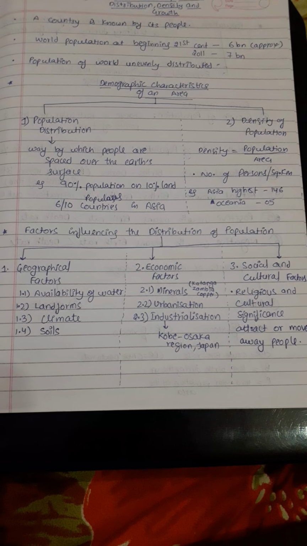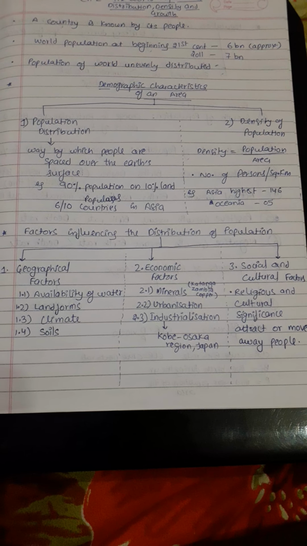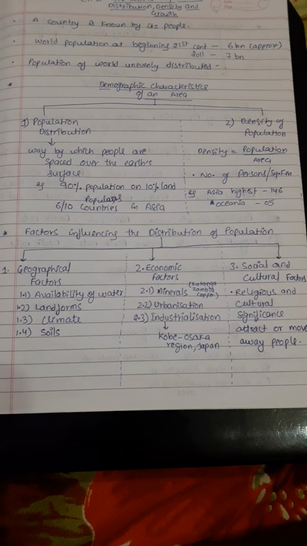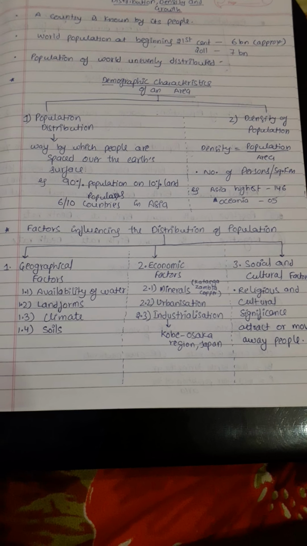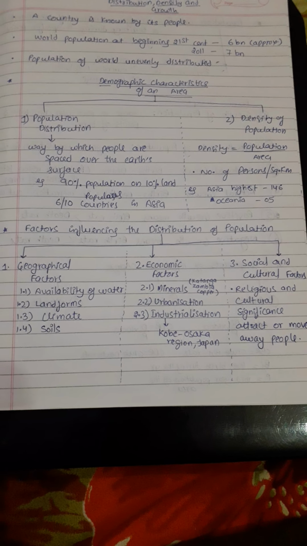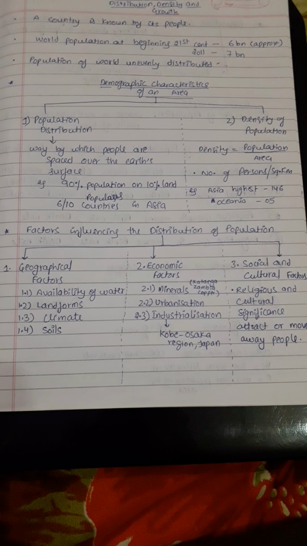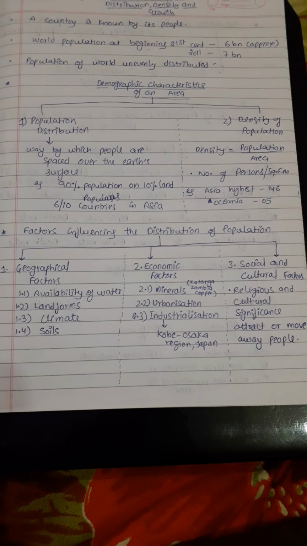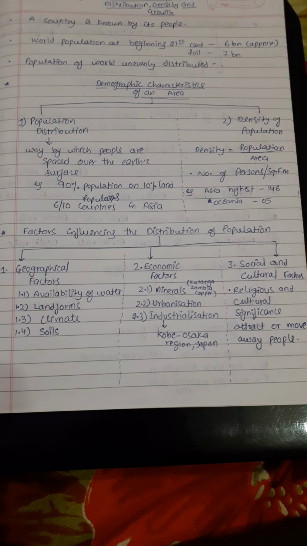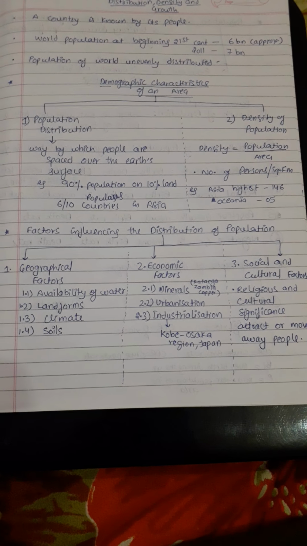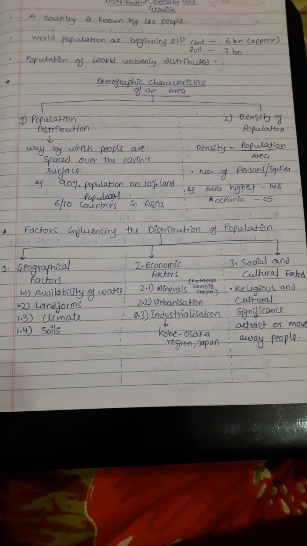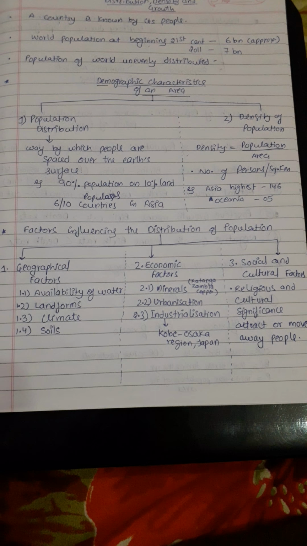There are some geographical factors which influence the distribution of populations, some economic factors, and some social and cultural factors. So there are three kinds of factors which affect the distribution of population of an area: geographical, economic, and third, social or cultural factors.